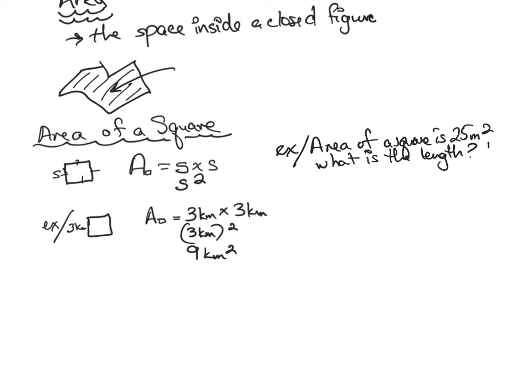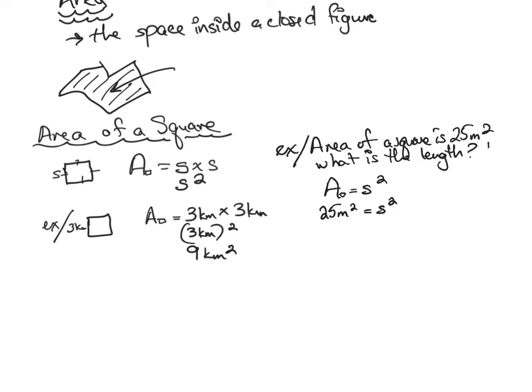Okay, so sometimes you're asked to go backwards. In any case, you should always put your formula, because then you can plug in what you know and it'll be easier. Here we know the area is 25 meters squared and we're looking for the side.